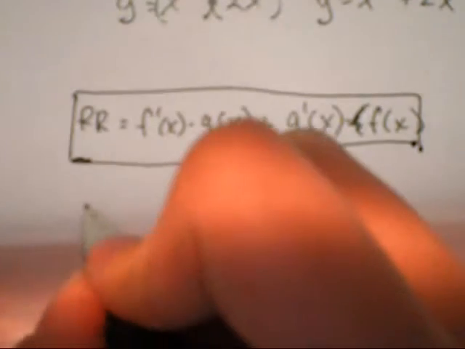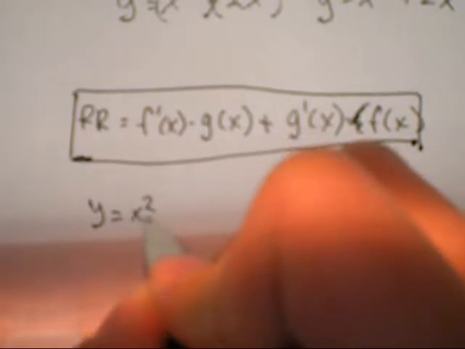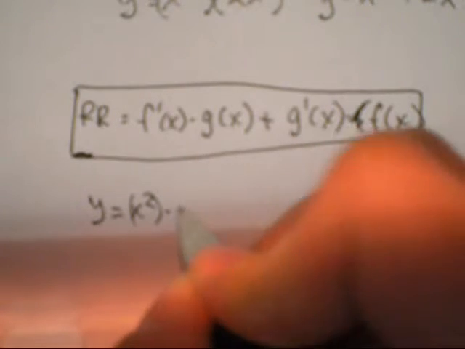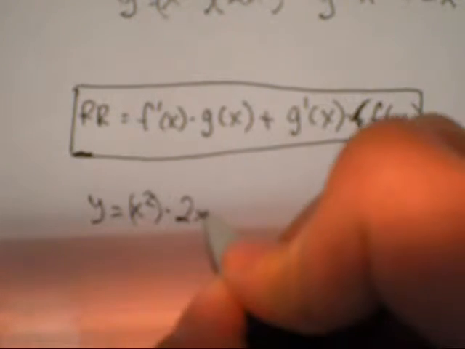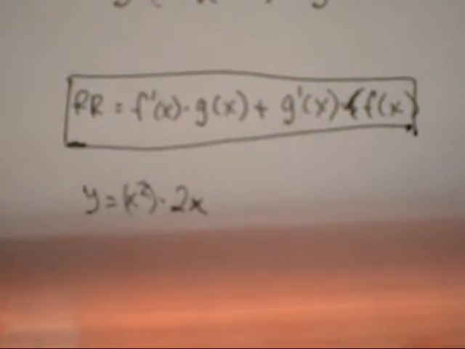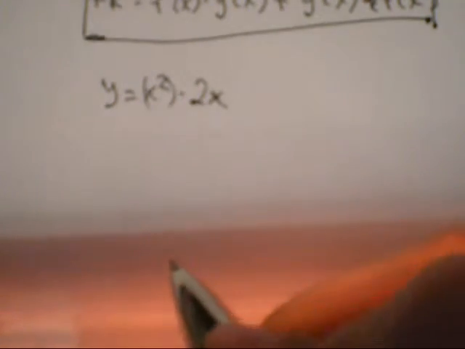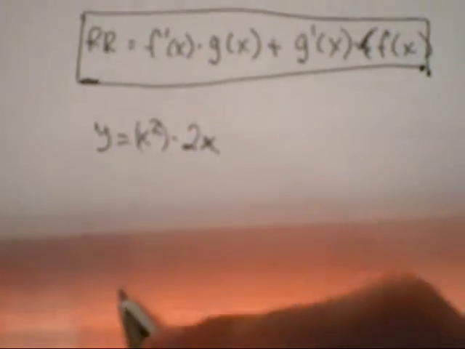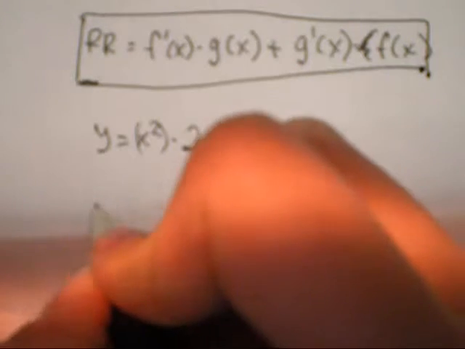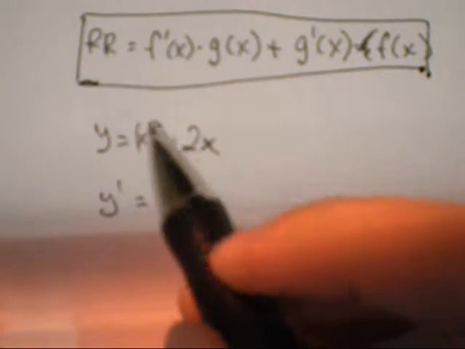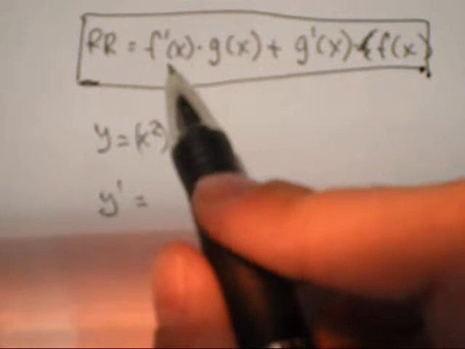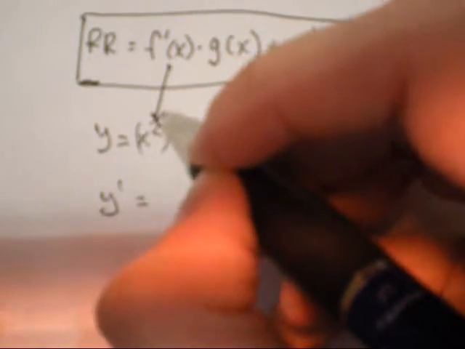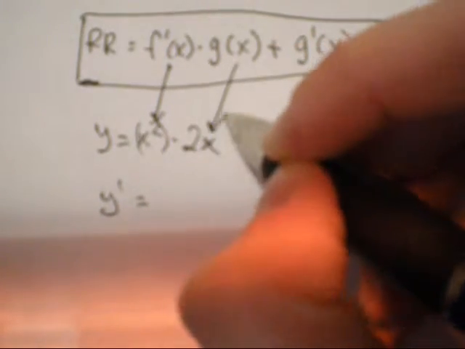So our equation was y equals x squared times 2x, right? And the way you do this, we're going to take the derivative, so f prime of x, and we're going to say that f prime x is this and g of x is this.